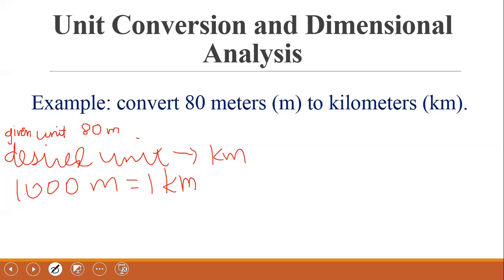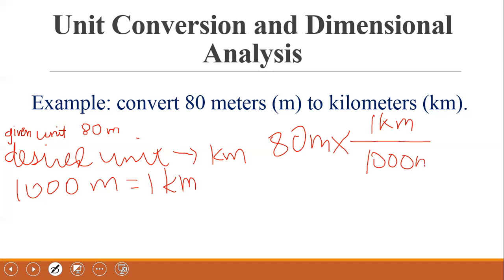So we can set up our unit conversion now. We write the units that we have and then multiply them by the conversion factor so that the units cancel out. We convert 80 meters to kilometers, and there are 1,000 meters in 1 kilometer.